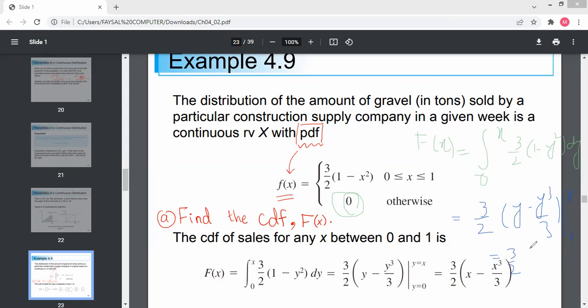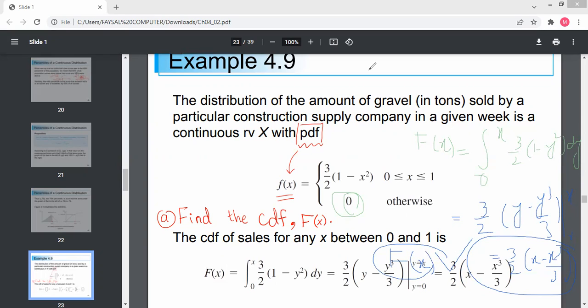So it will be 3 upon 2 into x minus x cube divided by 3. This is the way we find the value of f of x for my function. These are the simplest values to find by using the integral.